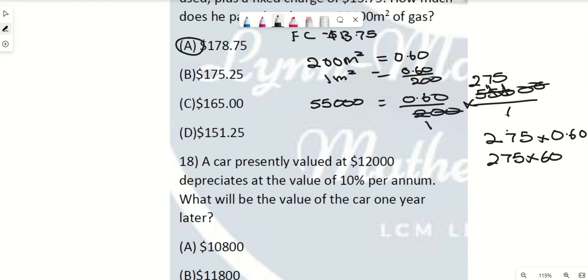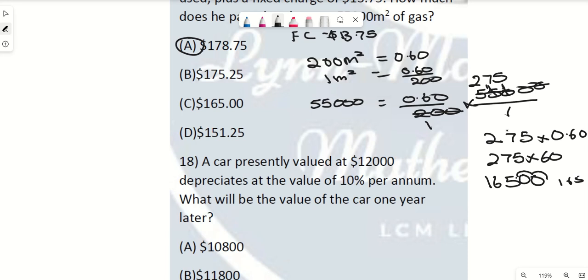So that's 275 multiplied by 6. 6 5s are 30, 7 6s are 42, 42, 43, 44, 45, right? 6 2s are 12, 12, 13, 14, 15, 16. Right? So it's 1650, and then we're supposed to add a 0 here. I just multiply 6 by this, and then you add your 0. And then how many decimal places we have to count back? 1, 2. So it is 165.